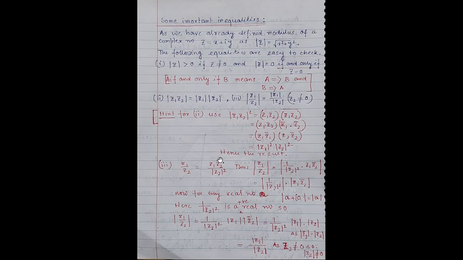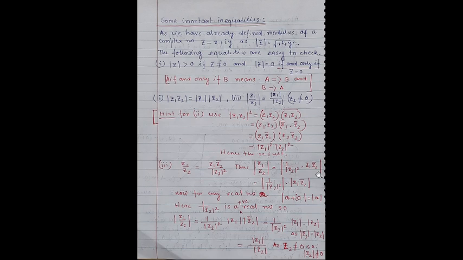Now in the case where we have z2 in the denominator, we don't like to have a complex number in the denominator, so multiply z2 bar in the denominator as well as the numerator. The numerator becomes z1 into z2 bar, and the denominator becomes mod z2 square, and hence we proceed.